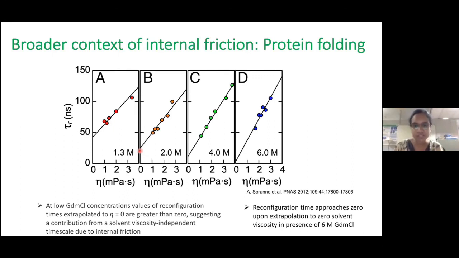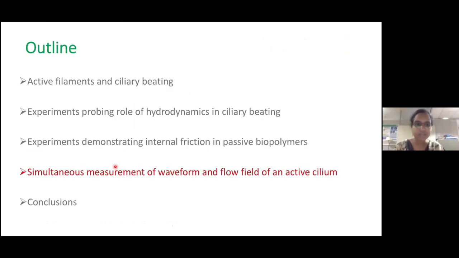What I'm trying to say is that regardless of the biopolymer you may have at hand, as long as you have some polymer chain, you will have a source of internal friction associated with it. I will now stop here and take questions, because then I will present to you our work.